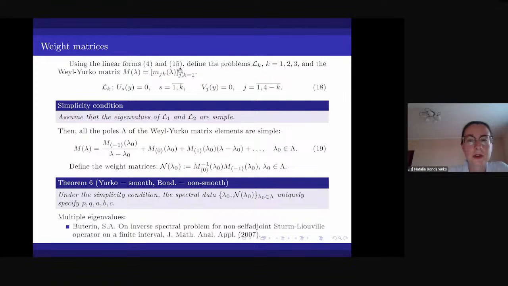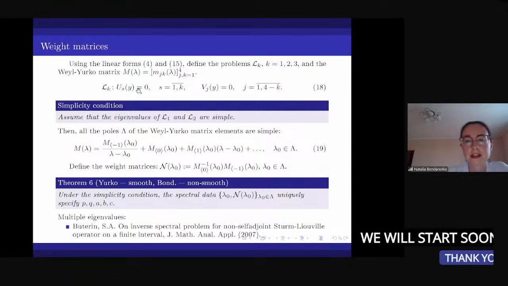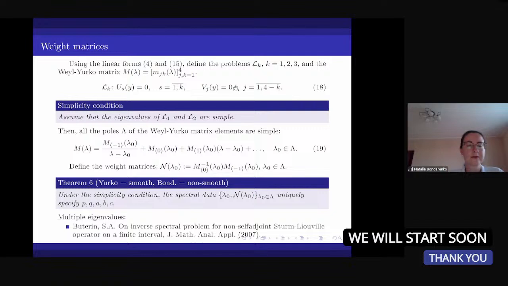Using our linear forms, define the problems L_k as before, and we can, of course, define the Weyl matrix. Here is how the problems L_k are defined. They have these boundary conditions. The k-th problem has k conditions at 0 and 4 minus k conditions at 1.